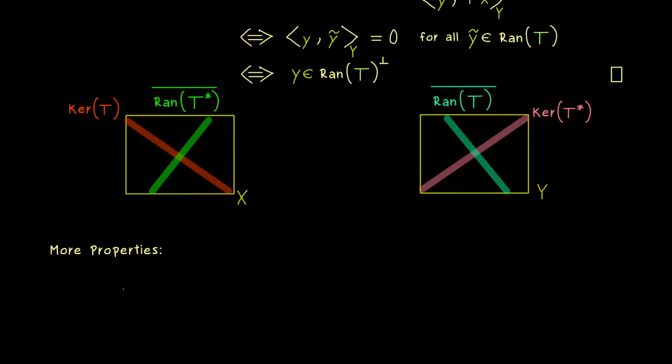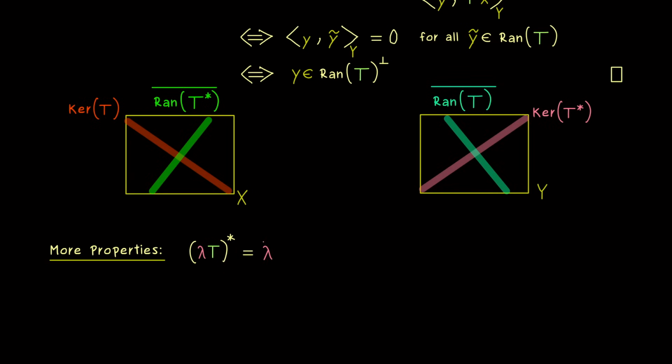And now for the end of this video, I want to show you some more properties for this nice adjoint operation. Indeed, these are really easy to prove just by writing down the definition of the star operation. So first, if you scale a vector and then you apply the adjoint, then you can also pull out the scalar.